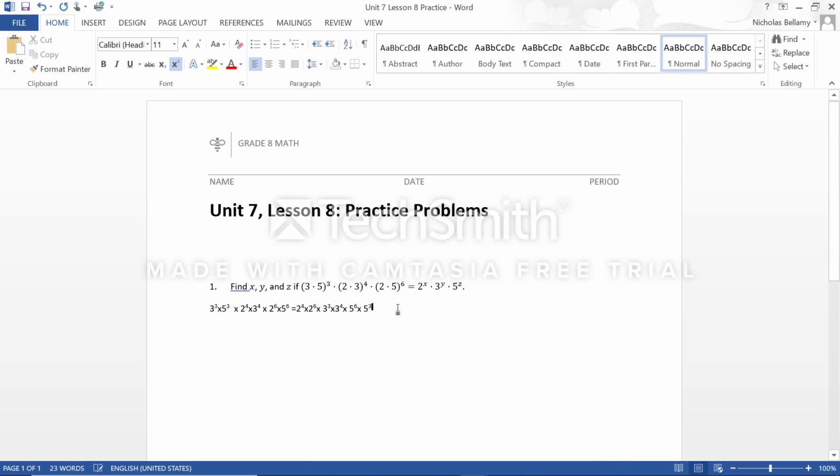So this is now going to equal 2 to the... We're going to keep 2 as our base number since they're the same, and I have 4 and 6 as my powers. I add those. So this will be to the 10th power. Very simple. Times 3 to the third power times 3 to the fourth power.